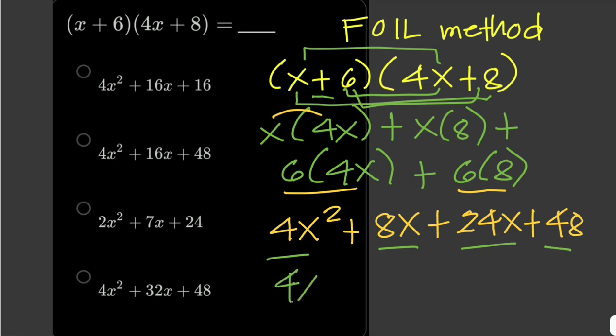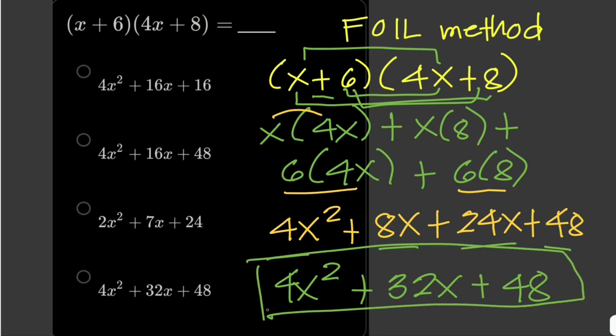So that would be 4x squared plus 24x plus 8x, which is equal to 32x, plus 48. So this is our answer here. Therefore, (x + 6)(4x + 8) is equal to 4x squared plus 32x plus 48. So the answer here is this one.